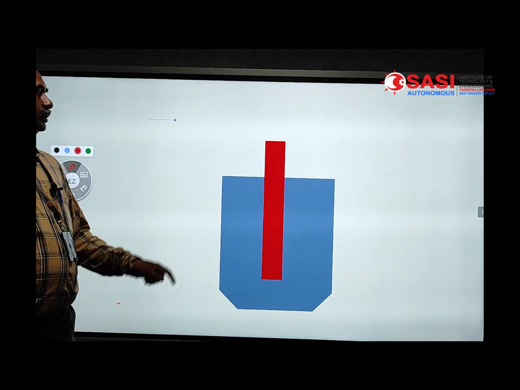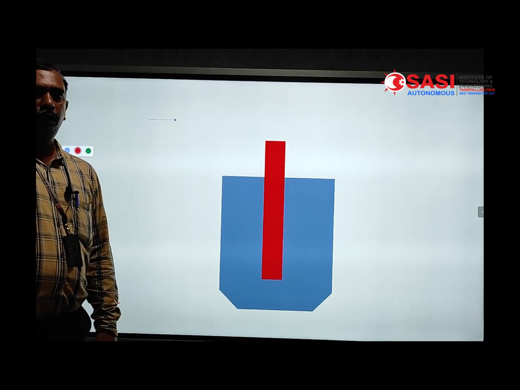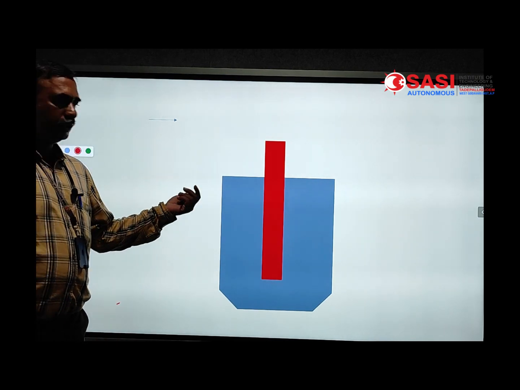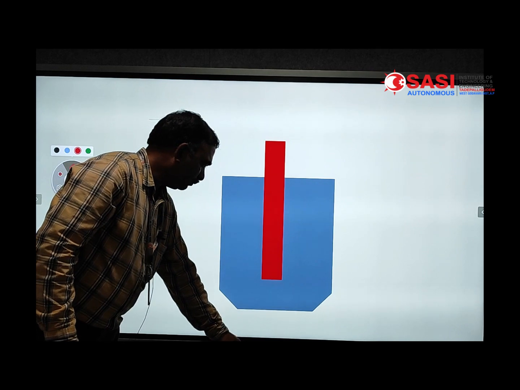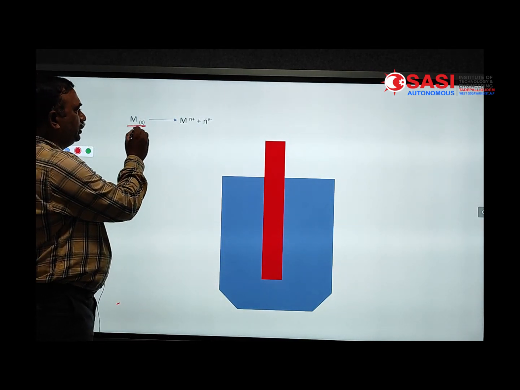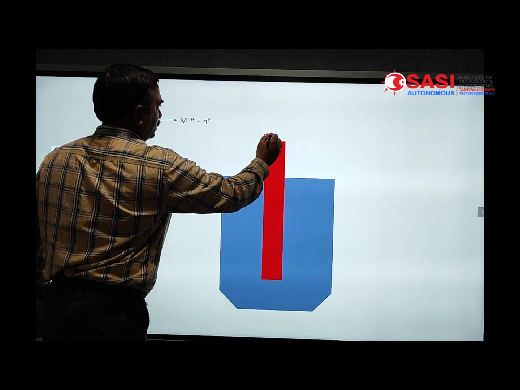Then what will happen? The metal will undergo oxidation or reduction. If it is undergoing oxidation, we call it oxidation potential. If it is undergoing reduction, we call it reduction potential. For example, now in this case you take oxidation, that is, the metal in the solid phase. This is S, the solid.